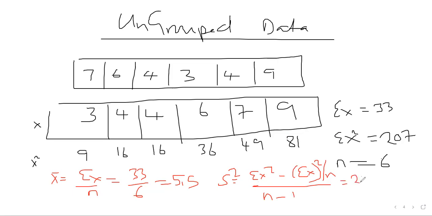So this is 207 minus 33 squared over 6, divided by 6 minus 1. If you calculate well, you're going to find the variance is 5.1.